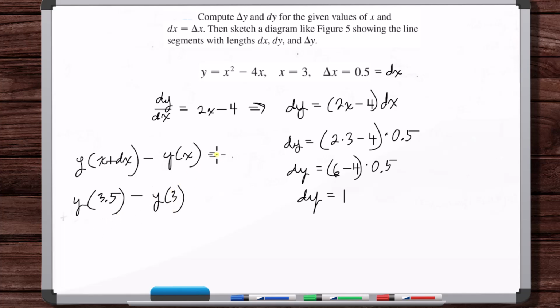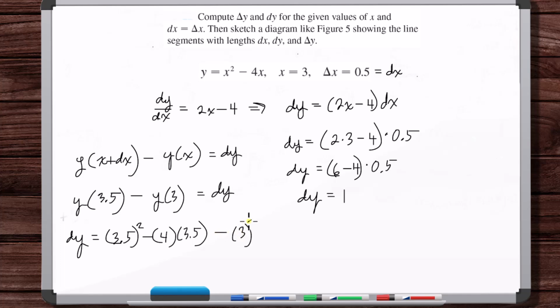So delta y is equal to 3.5 squared minus 4 times 3.5 minus 3 squared minus 4 times 3. Well, actually, that's not right. So put a bracket around this: 3.5 squared minus 4 times 3.5, and then minus all of this.